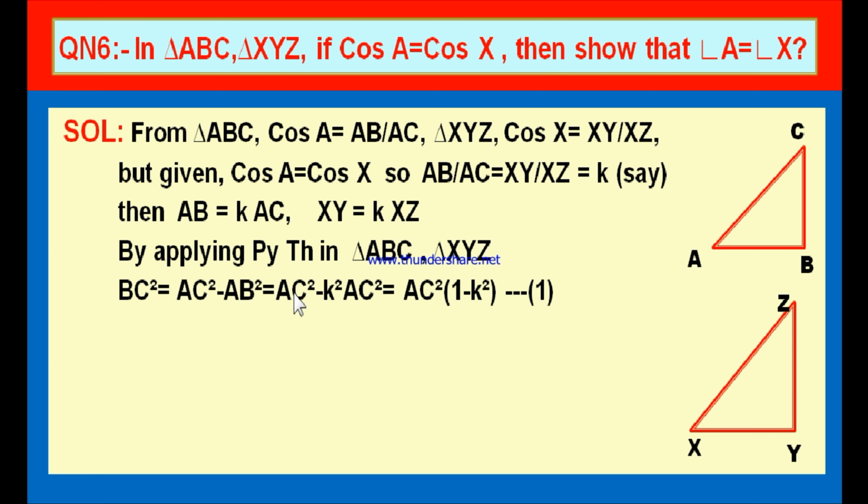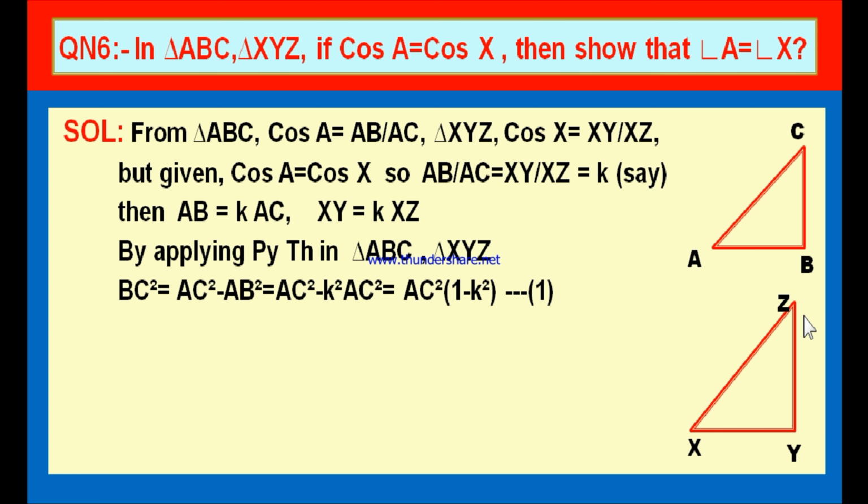Therefore, AB square means K square into AC square. Now, there are two terms here. One is the AC square term and the second is minus K square into AC square term. Since AC square is common, you can take AC square common. AC square into 1 minus K square. This is the BC square value. Similarly, let us apply Pythagoras theorem to the second triangle XYZ.